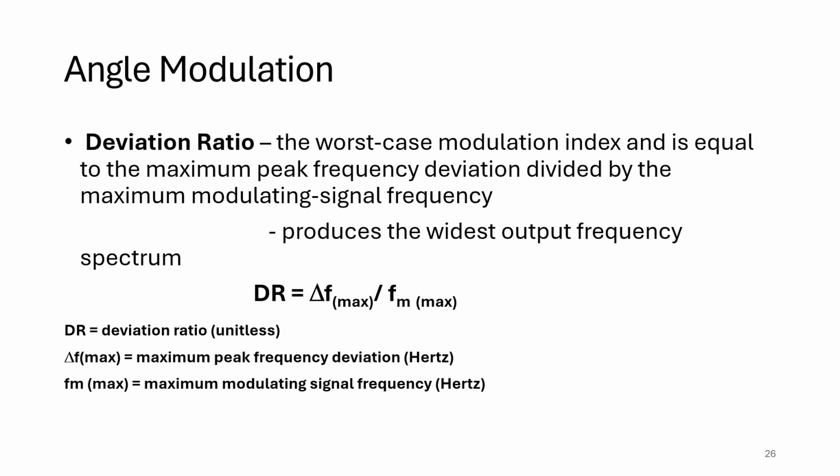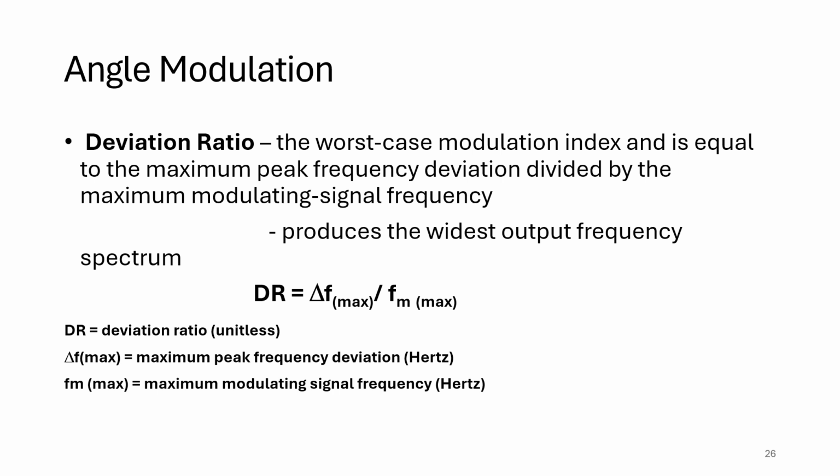So the formula is the deviation ratio is equivalent to the maximum peak frequency deviation divided by the maximum modulating frequency in hertz. The deviation ratio is unitless, since both are frequency in hertz, so they will just cancel out.